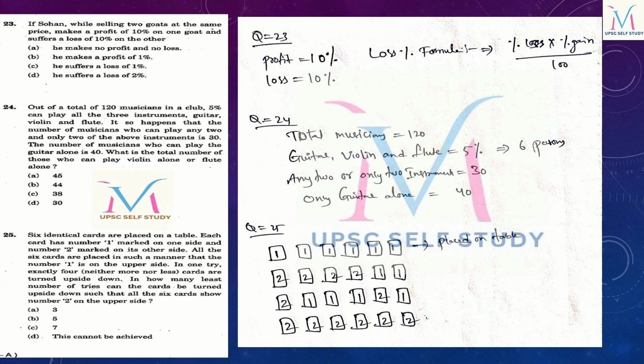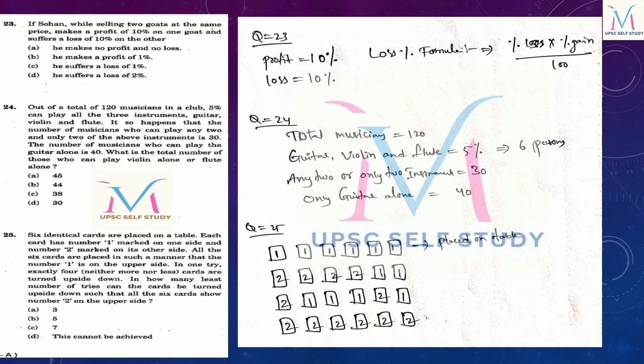So 5% means only 6 persons can play guitar, violin and flute. And come back to the question. It so happens that the number of musicians who can play only two of the above instruments is 30.